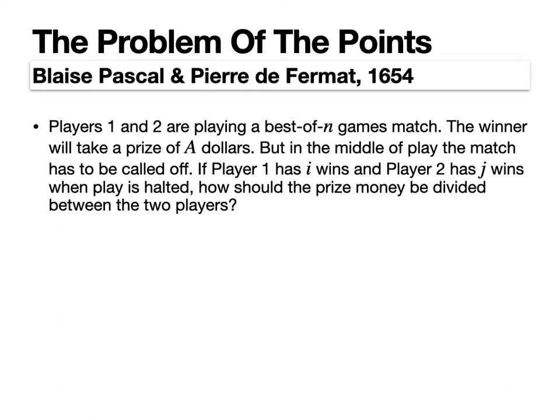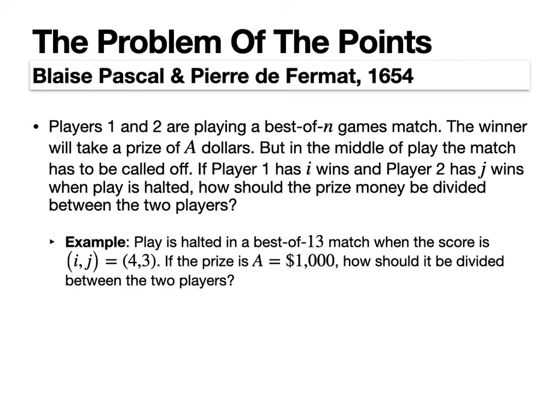But in the middle of play, the match has to be called off. So the question is, how do we equitably split the prize given the state of play when things were called off? In particular, if player 1 had a certain number of wins, say I wins, and player 2 had a certain number of wins, say J, then how should the prize money be divided?